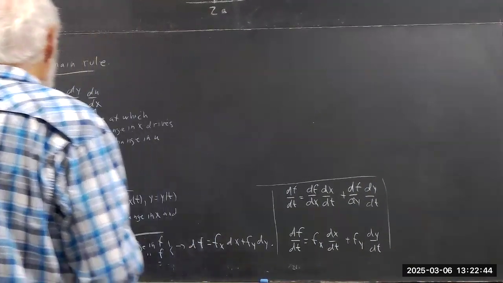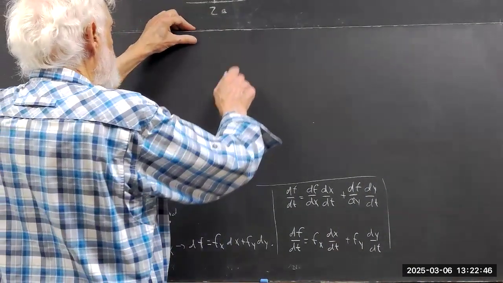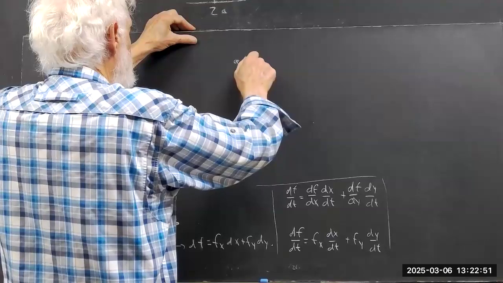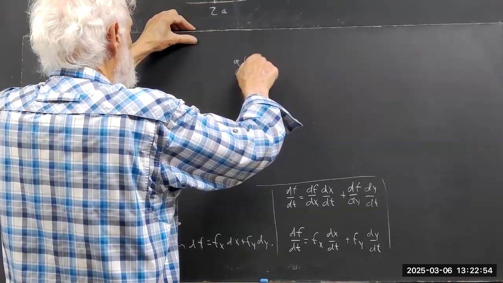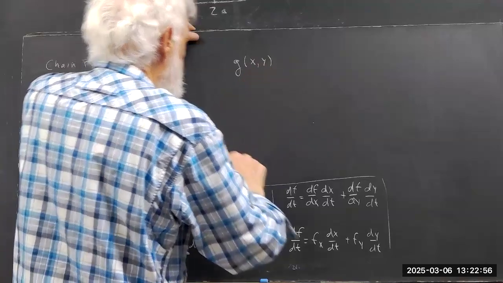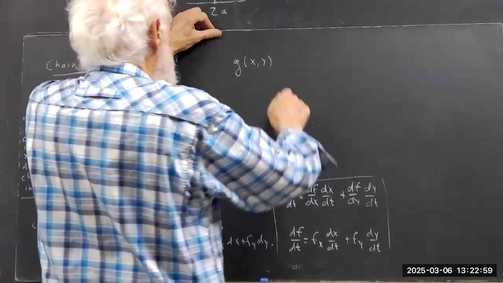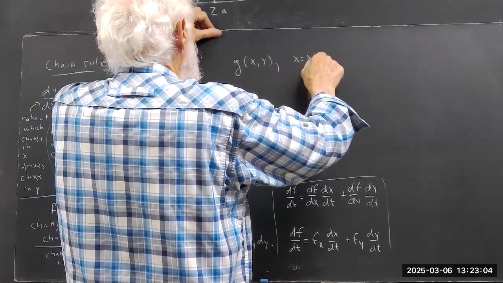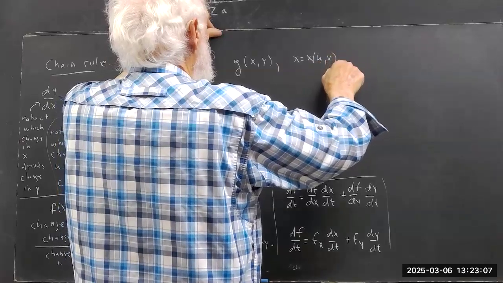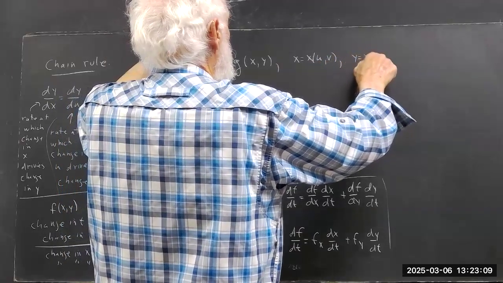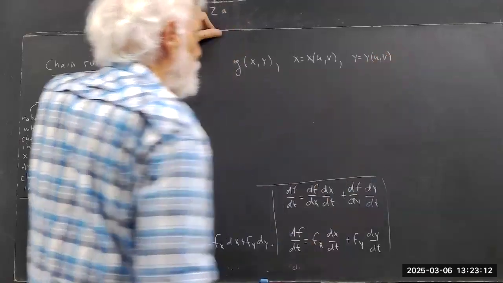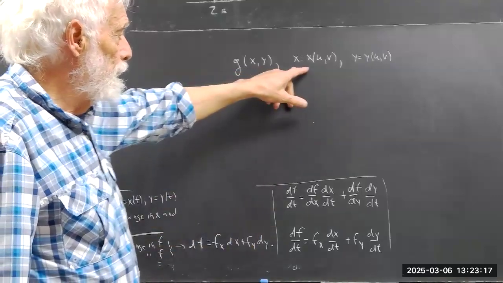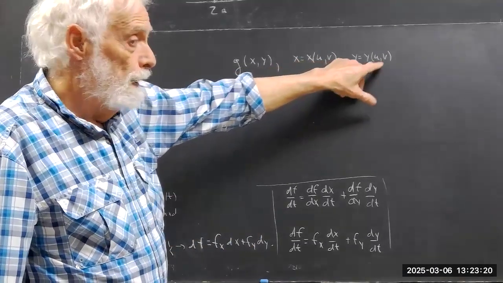Let's say you have a function g. Okay, g is a function of x and y, but x is a function of two variables, u and v, and so is y.